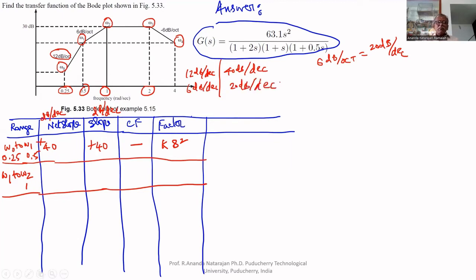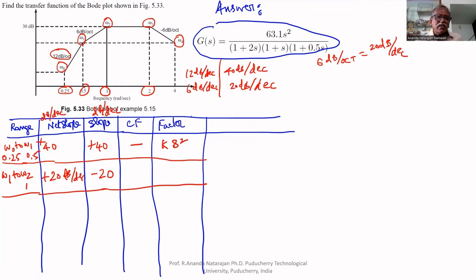A positive value reduced means some negative value came. So the new net slope is plus 20 dB per decade. It means the contribution by the factor is minus 20. That's why it reduced from 40 to 20.